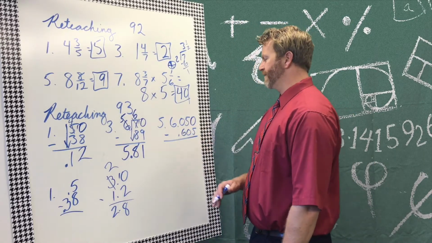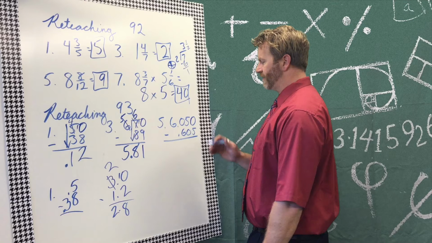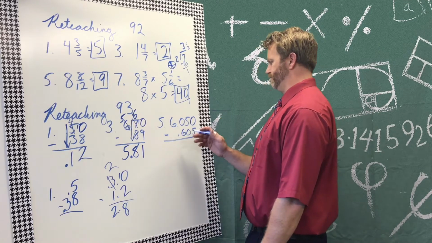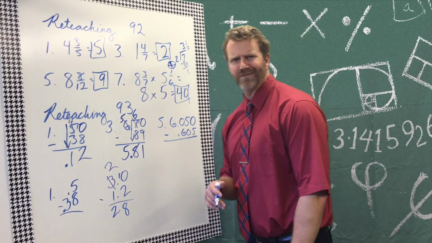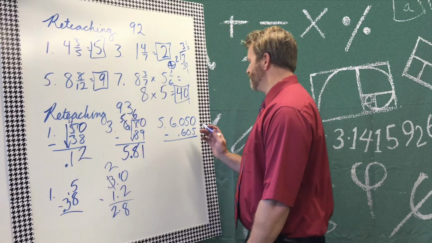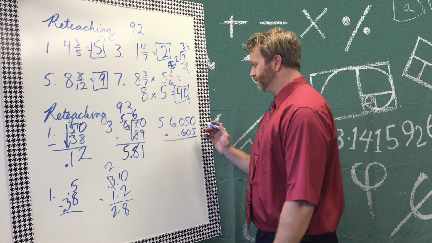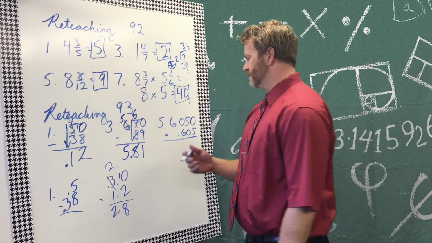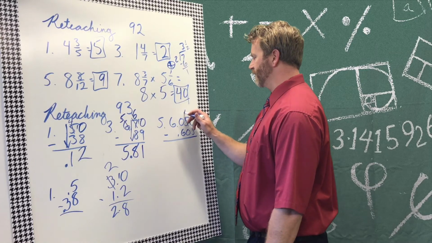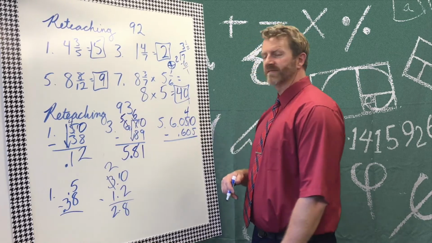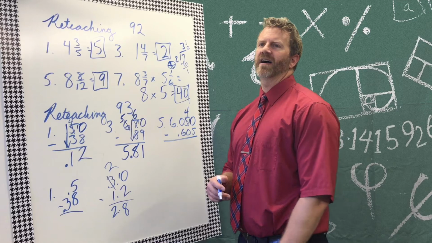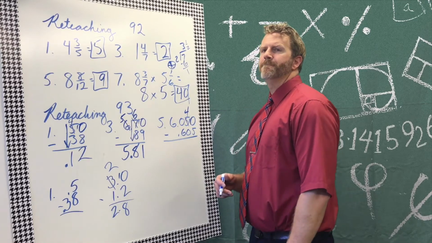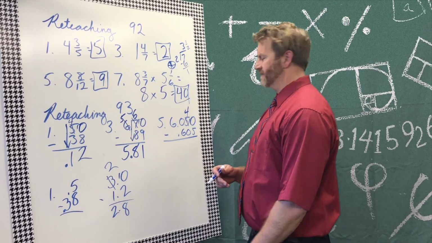Sweet, we're on to number 5. We have 6.050 minus 0.605. I couldn't read there for a second. Now, 5 minus 0, can't do it. So we got to borrow from that 5 right there. It becomes a 4, and that becomes a 10. What's 10 minus 5? Max, help me out, bro.